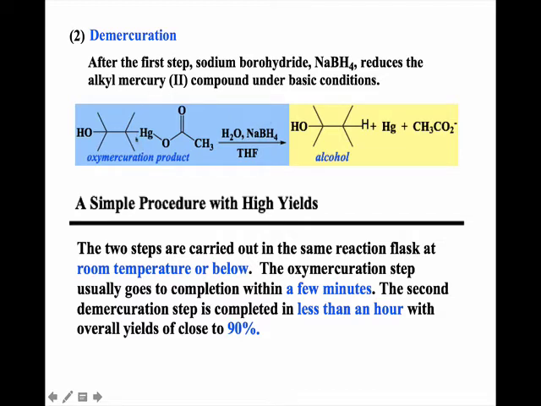It reduces off the mercury and replaces it with a hydrogen. So really what we've done over this two-step process is add water across the carbon-carbon double bond. But in the process, we also ended up making mercury metal. Not particularly environmentally friendly, but nonetheless, this reaction works really well. And you get another molecule of acetate anion in this reaction.